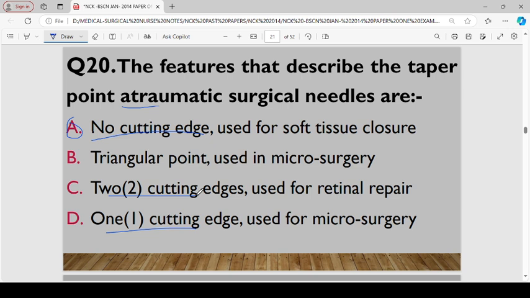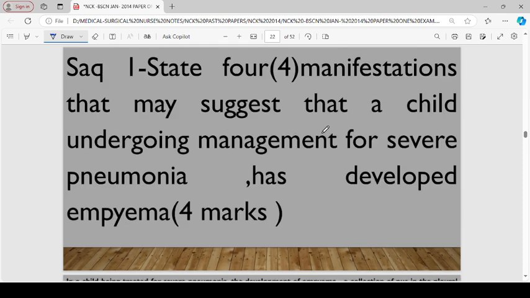Triangular is normally found in cutting needles required for penetration of tough tissues, while the no cutting one normally penetrates tissues without cutting, right? So that is the best option for us there.